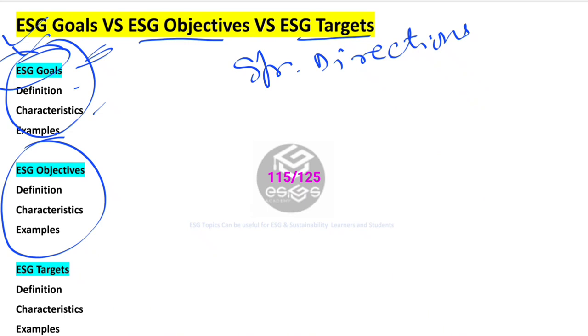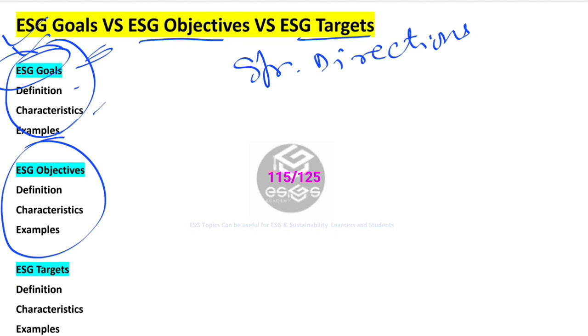Then operational focus: of course they are more granular and operational compared to goals, focusing on short-term achievements, for example 1 to 5 years. Also aligned with the goals, objectives directly contribute to realizing the broader ESG goals, translating high-level aspirations into actionable tasks. So let's discuss certain examples.